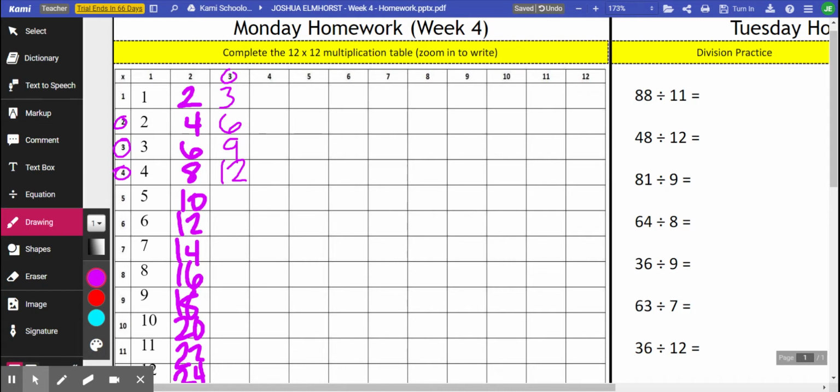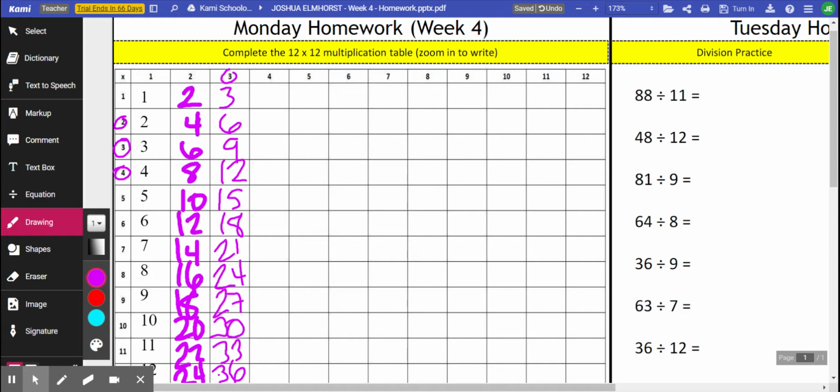So 3, 4, 5, 6, okay. 7, 8, 9, okay. 10, 11, 12, where you're just counting up. So there we go, 15, 18, 21, 24, 27, 30. We're going up by threes. And 36. So 3 times 12 is 36.